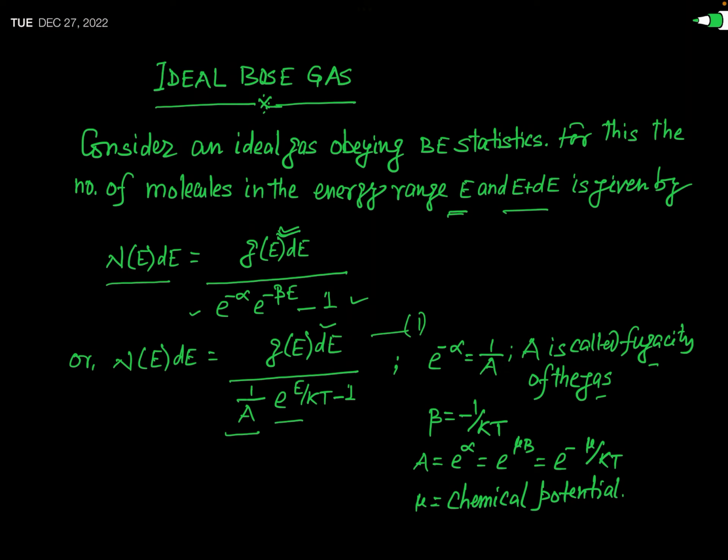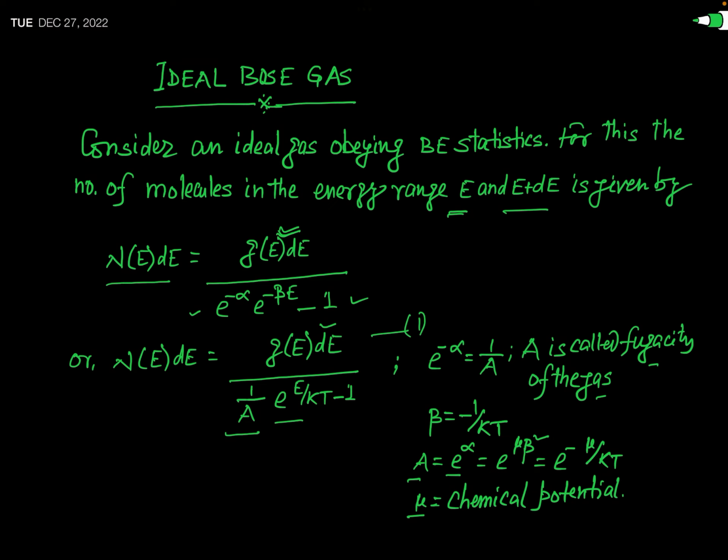Now again, you know that this fugacity of the gas A is equal to E to the power alpha, because we have considered that 1 by A is equal to E to the power minus alpha, so A will be E to the power plus alpha. And you also know that this alpha is equal to mu into beta, where mu is the chemical potential of this Bose gas and beta is again minus 1 by kT.